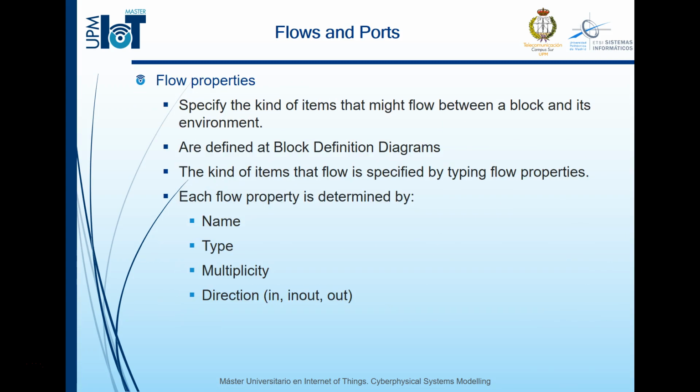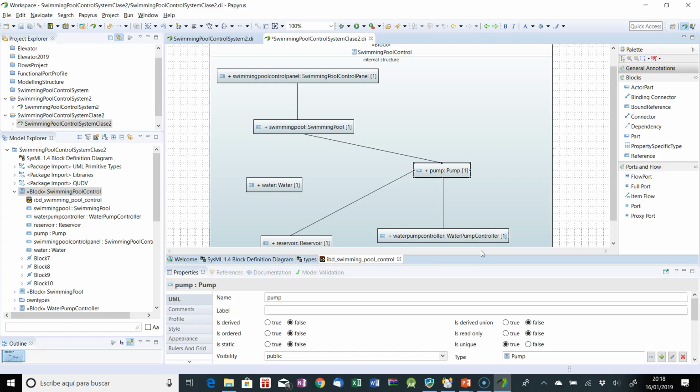Okay, now for us it's clear. I hope that for you also. We have connectors that represent, okay, we can send data from the swimming pool to the pump. This is the connector.